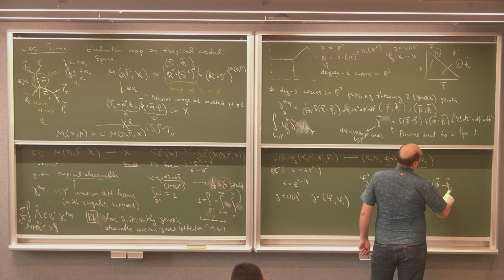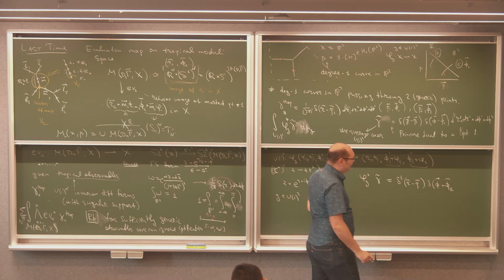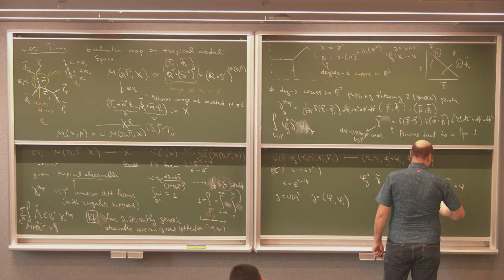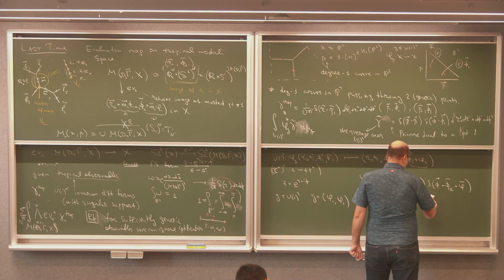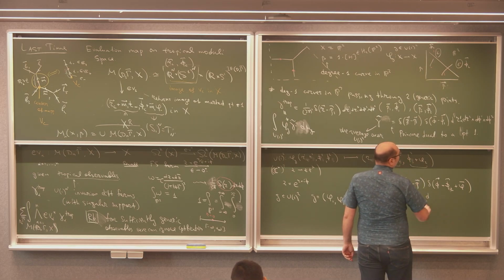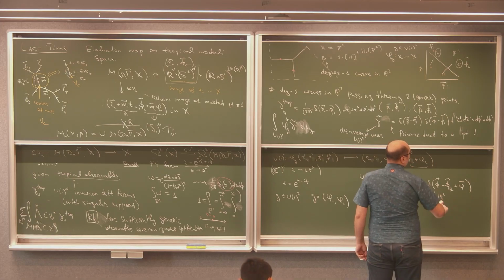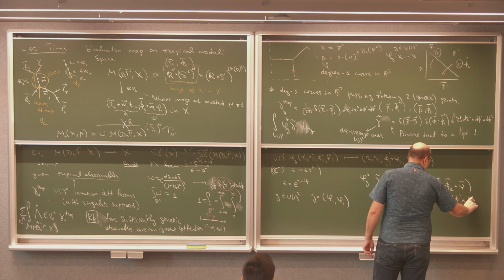Because phi with the lower index was the angular location of the marked point, and here we will add just this vector phi, and then here we still have dr1, dr2, dphi1, dphi2.